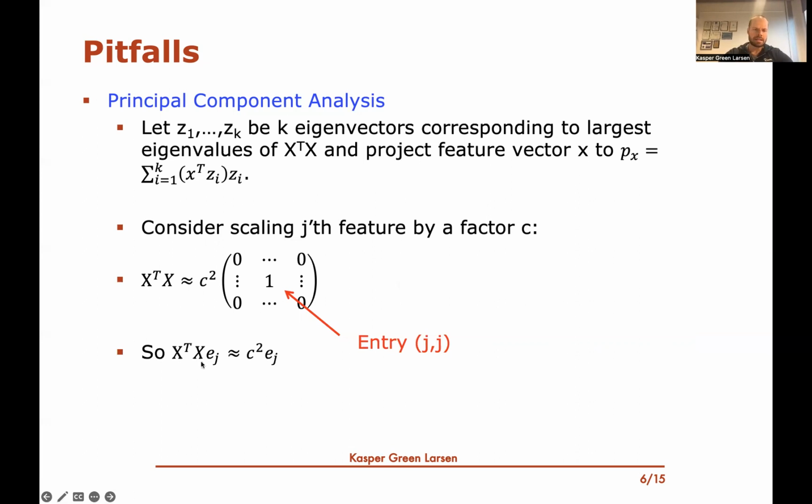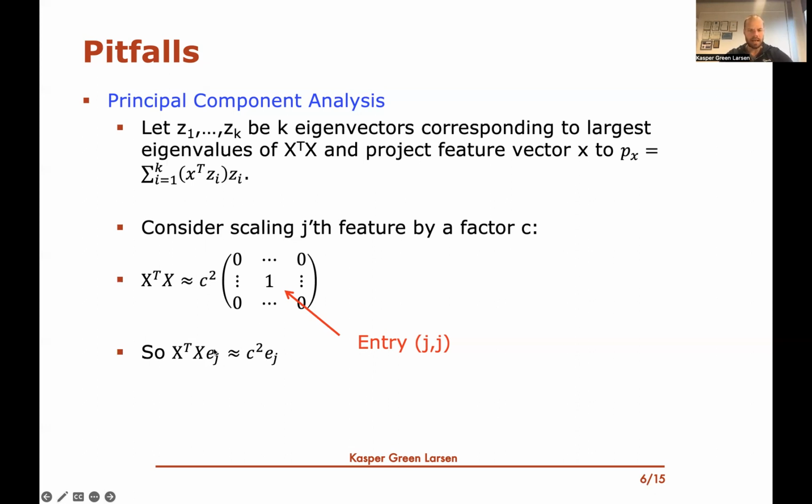Now what happens if I multiply with the vector Ej, the jth standard unit vector, which has a 1 in entry j and 0 everywhere else? This product just becomes the jth column of X transpose X, where the jth entry is a 1 and everything else is 0, at least as C goes to infinity. So it's going to look like C squared times Ej.